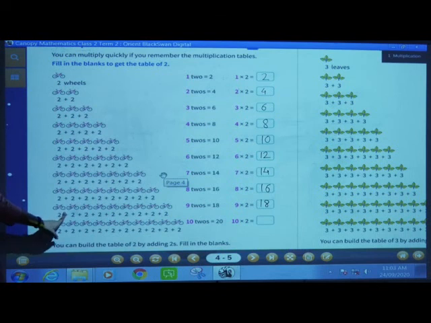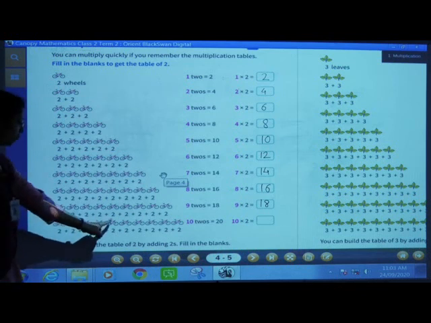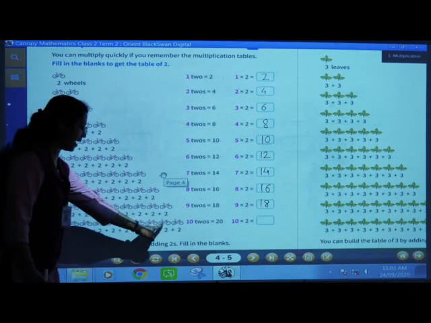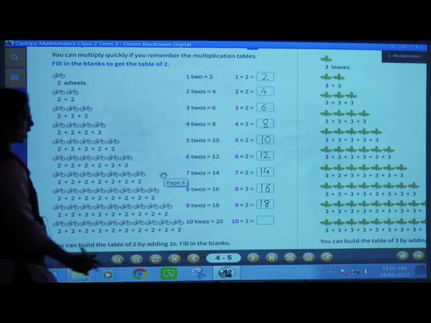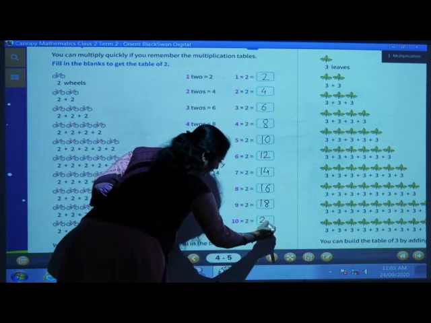Nine times 2 is here, therefore 9 twos are 18. And here 10 bicycles are here. 1, 2, 3, 4, 5, 6, 7, 8, 9, 10. 10 twos are 20.